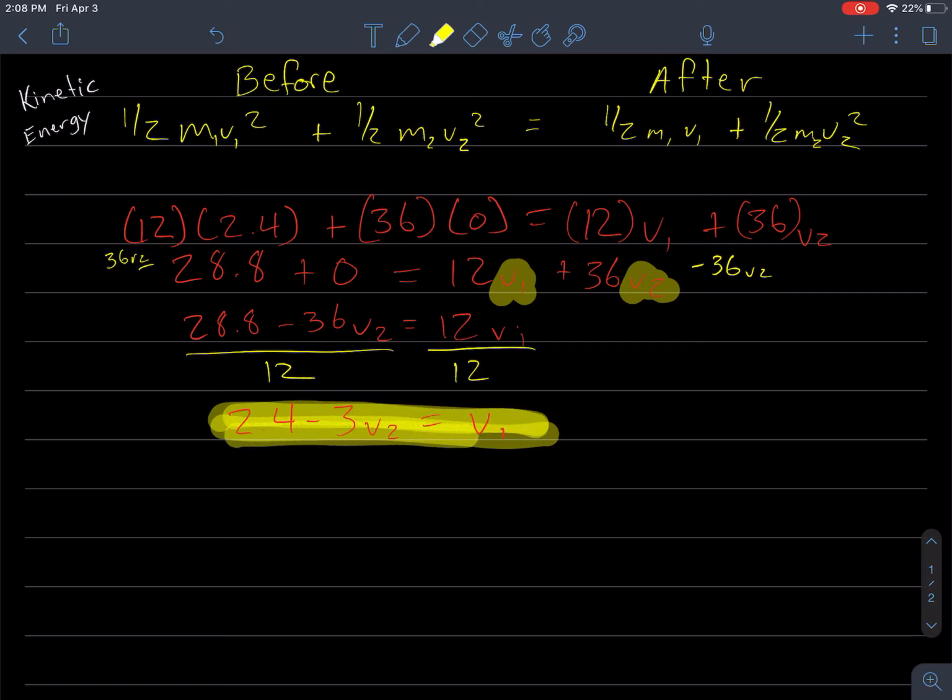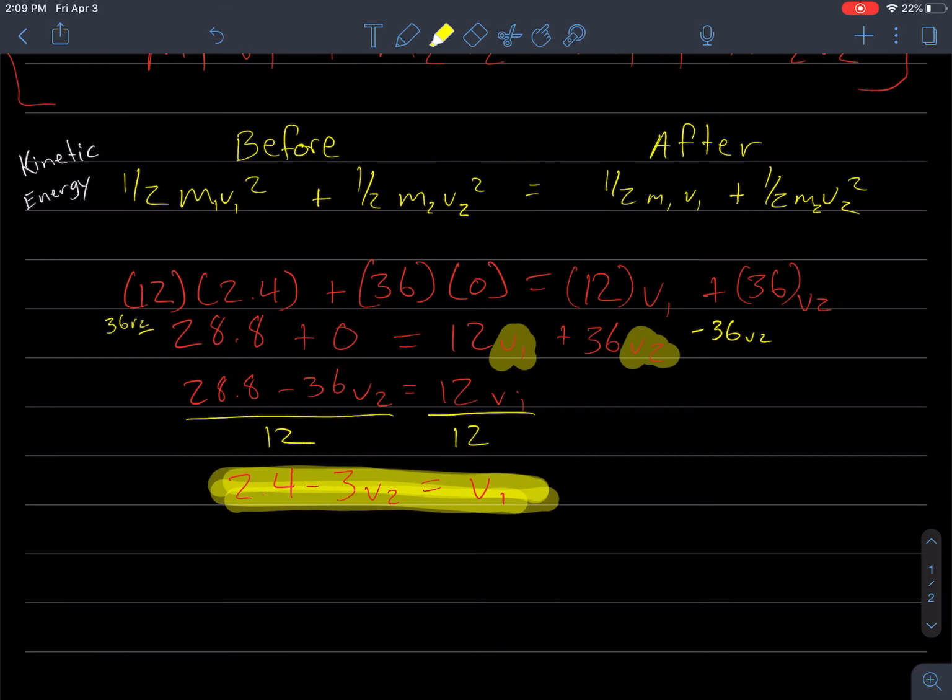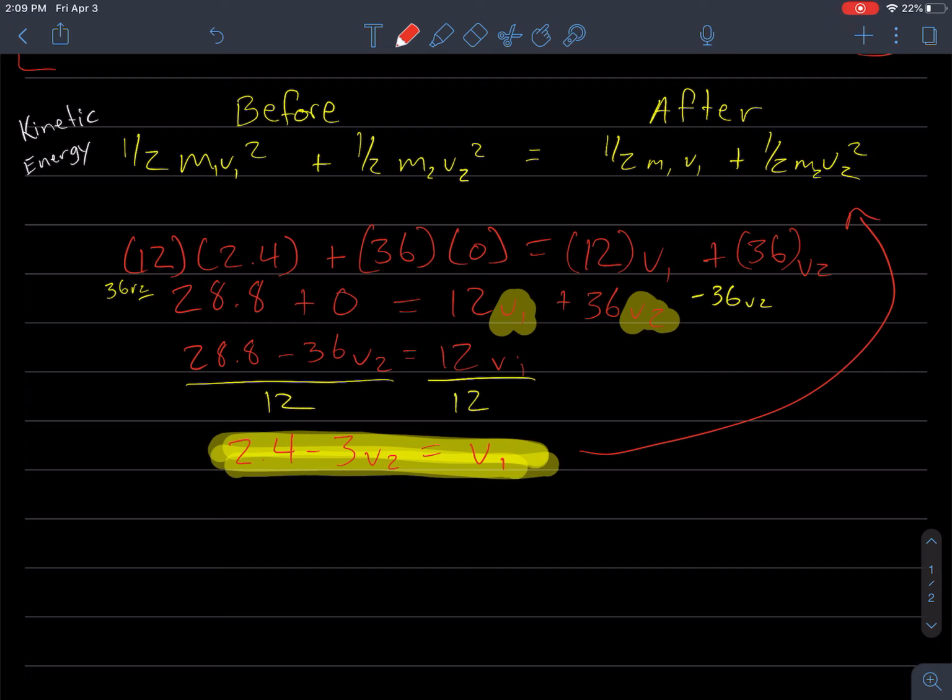Just makes it a little easier to see. All right. So what I want to do is I ultimately want to plug this formula into this other equation up here. But first, let's go ahead and plug the numbers that we know into that equation, and then we can solve and simplify.